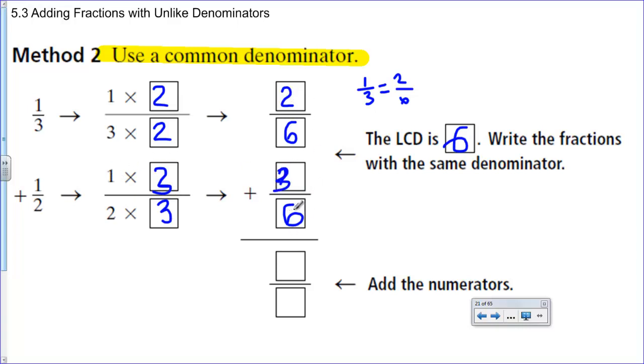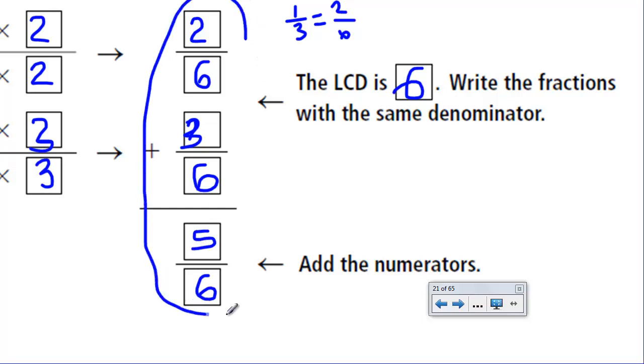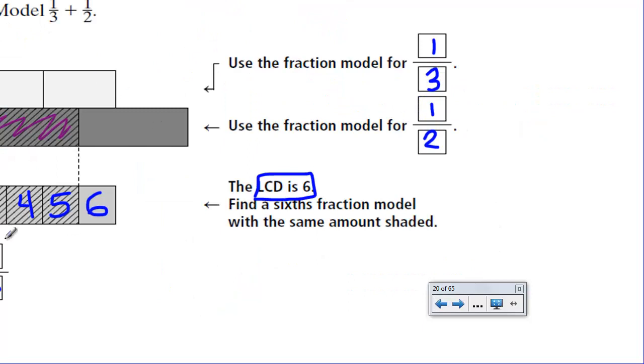When we have the same denominator like we learned yesterday, our denominator can now stay on the bottom, unchanged, and we add our top numbers. So 2 plus 3 is 5. Once we find our equivalent fractions, this problem looks exactly like yesterday. Easy peasy, we're ready to add. So 5/6 is the same answer that we visually got over here: 1, 2, 3, 4, 5 out of 6.